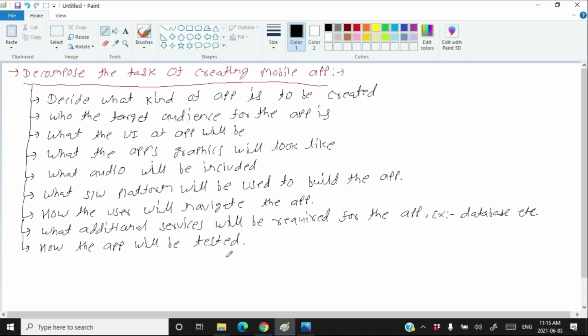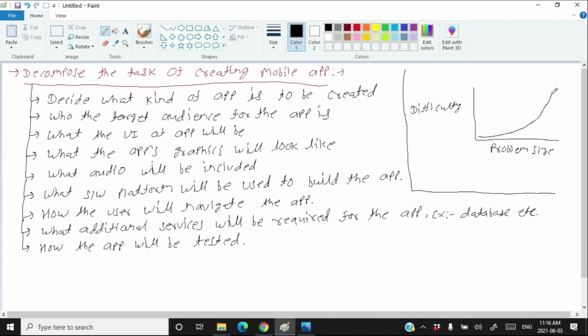Now the question is why we need decomposition? With the increase in problem size, the complexity increases exponentially, and the difficulty to solve a problem also increases exponentially. What I mean here is, if this is difficulty and this is problem size, the difficulty to solve the problem increases exponentially with size.